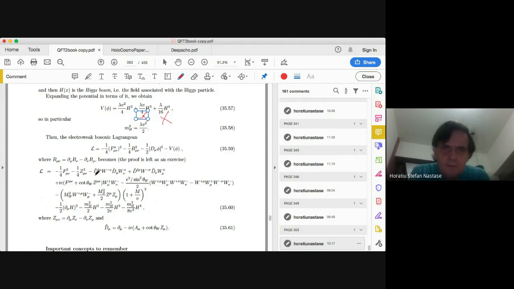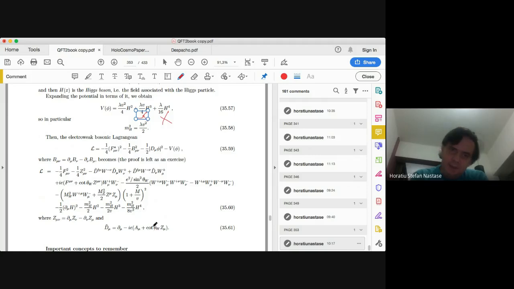Not D bar, sorry, the D tilde dagger mu here, and then here is the D tilde mu W plus nu, where D tilde is del mu minus I e A mu plus cos theta W Z mu.